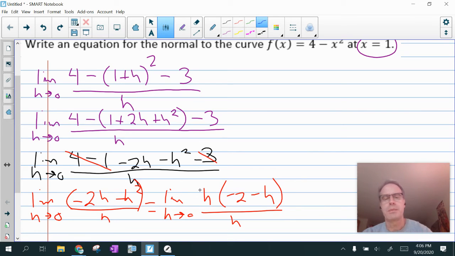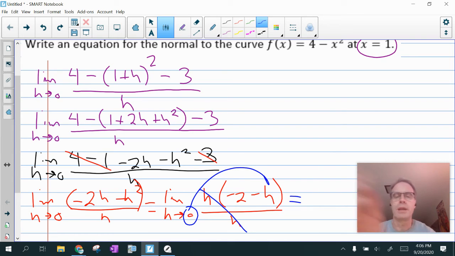And at this point, I'm going to cancel my h's. I'm going to directly substitute that in there, and I'm going to be looking at a value of negative 2 there. Okay, so that tells me the slope of the tangent line.